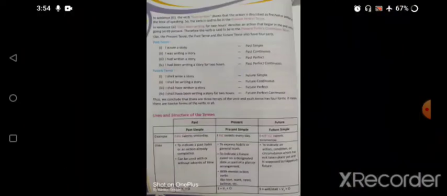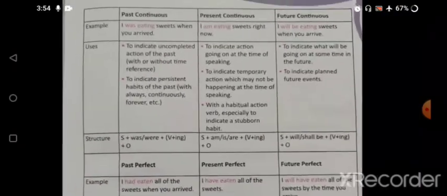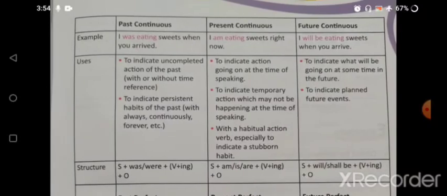Now coming on to the next page, we are going to talk about continuous tense: past continuous tense, present continuous tense, and future continuous tense. With the word continuous, it is easy for us to understand that we are talking about a thing that is already taking place, that is in continuity, or that is actually happening. All right.